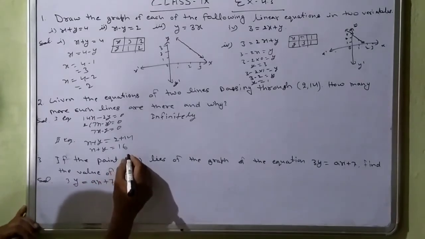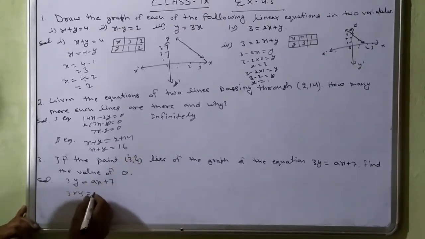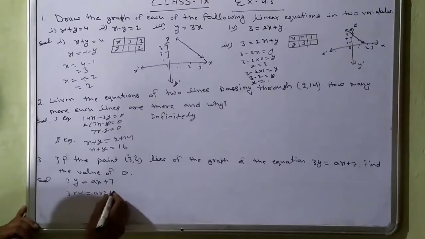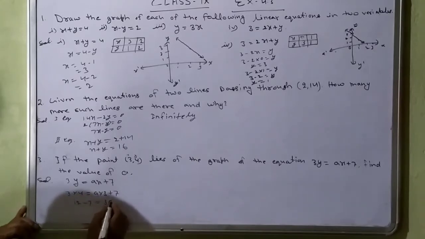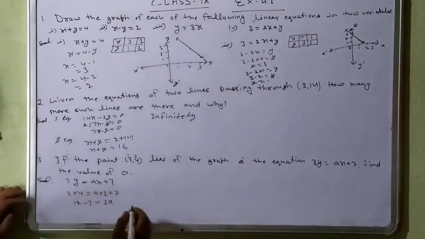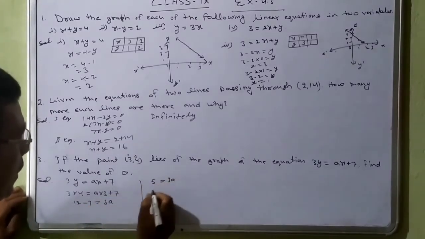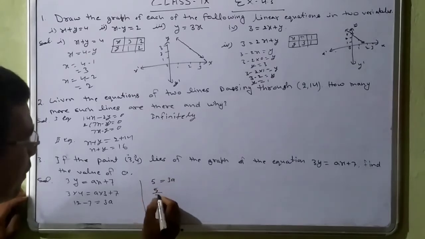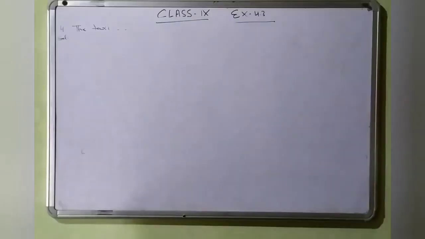So this is the x, this is the y. 3 into 4 is equal to a multiplied by 3 plus 7. 3 fours are 12, and then minus 7 by interchange. 3a. Then 12 less 7, 5 is equal to 3a. So 5 upon 3 is equal to a. It means a is equal to 5 upon 3. Answer.